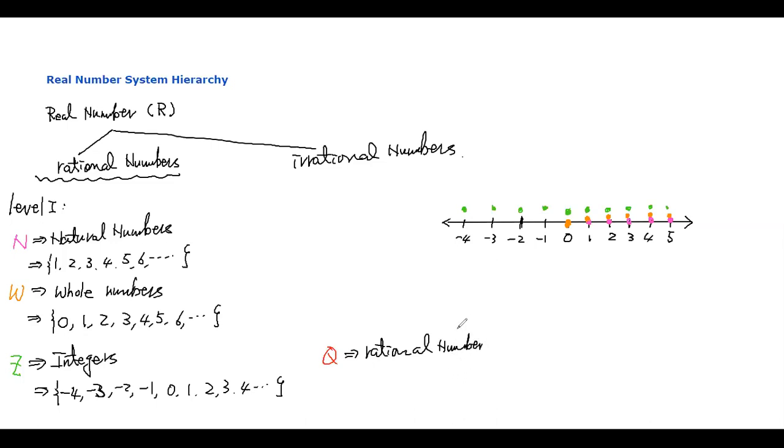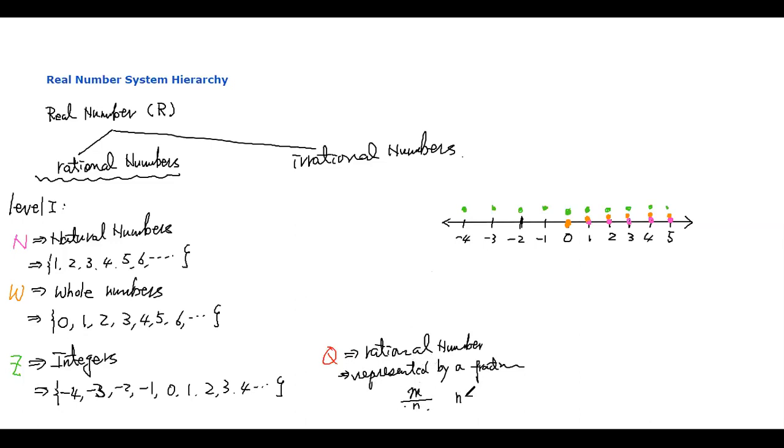Okay, so what are the rational numbers here? That means everything you can represent by a fraction. That's what we call the ratio, right? So anything you can write as a fraction is m over n.